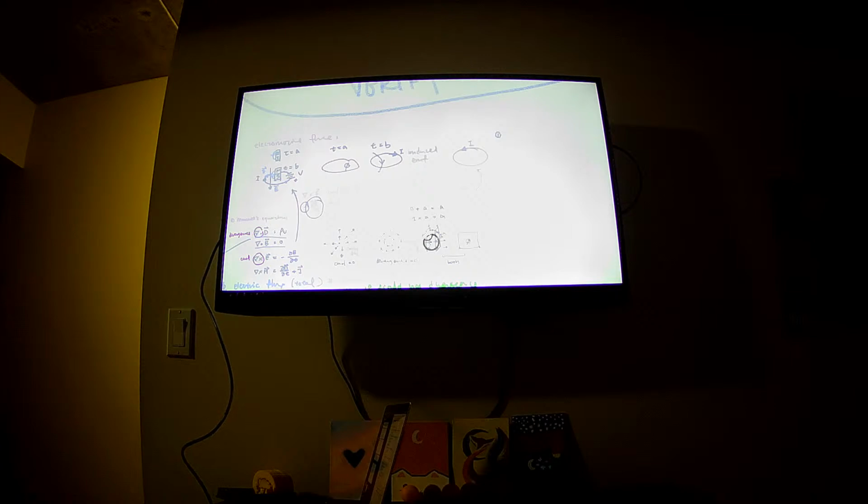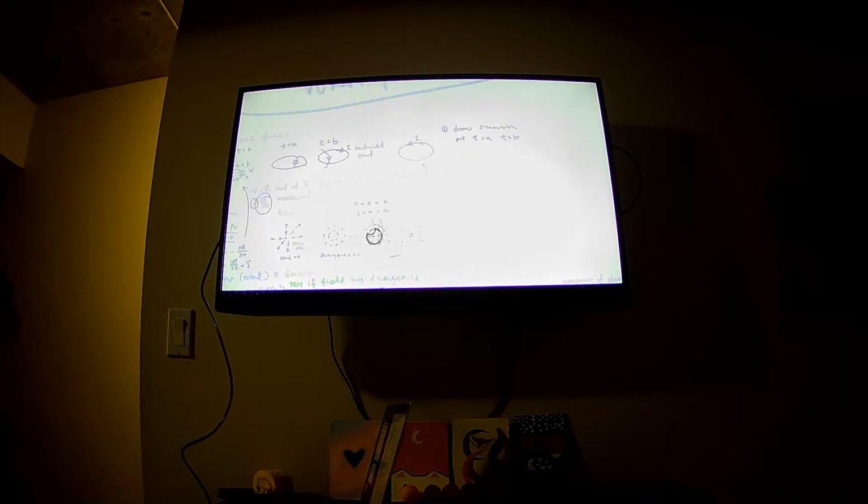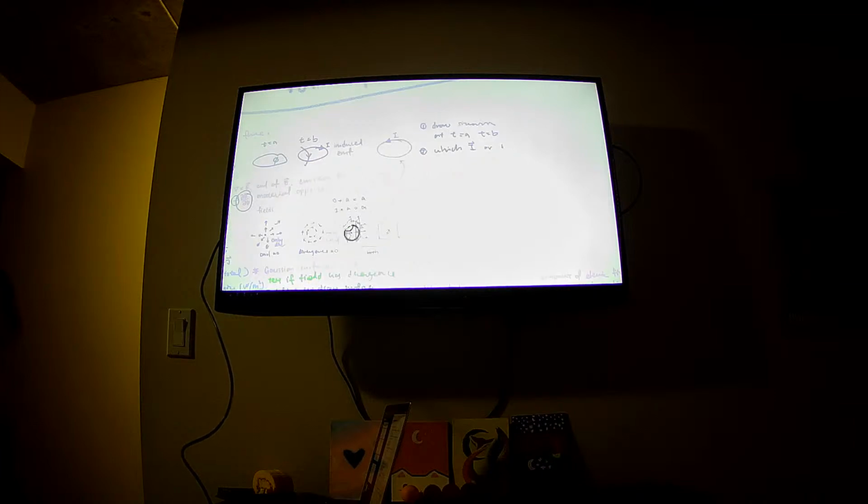So how do you do EMF problems? If you're ever asked to calculate EMF, you will draw all of your situation at t equals A versus t equals B, and then you decide which direction of current or which direction of magnetic field opposes the magnetic field or the electric field respectively.